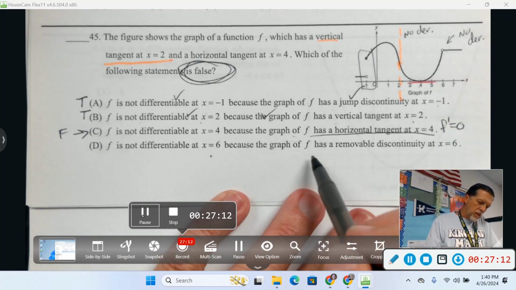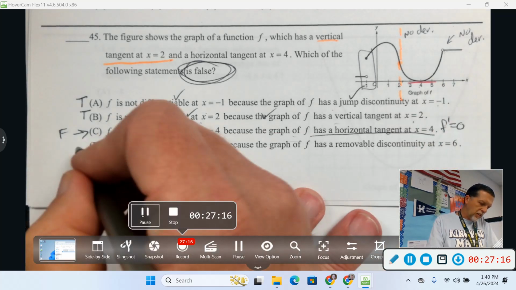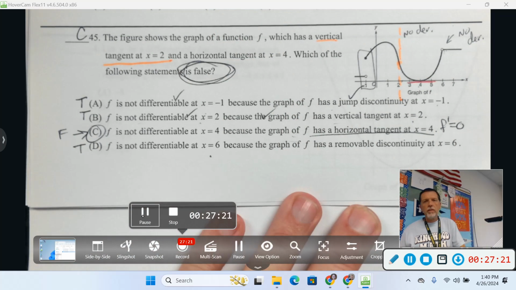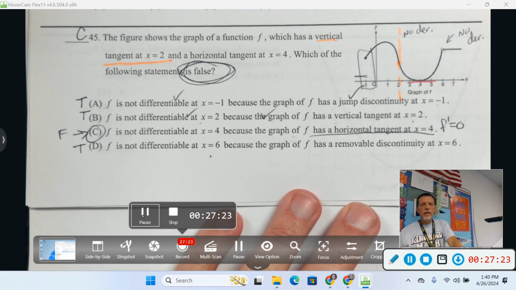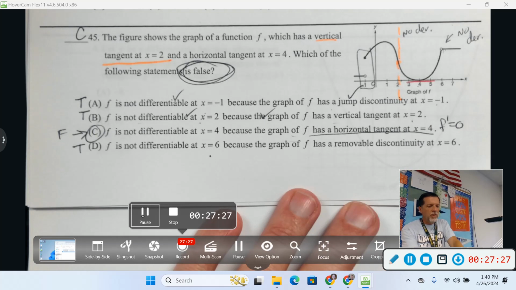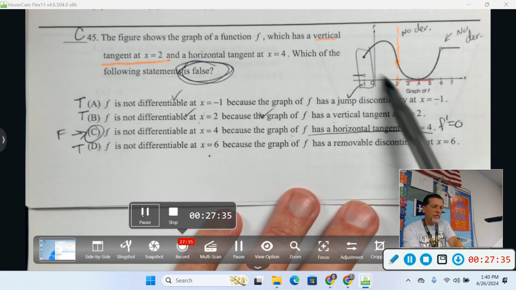That's true, because there's a removable discontinuity. Yes, that is correct. So it was answer choice C. And that provides a nice little review of the fancy words: jump discontinuity, vertical tangent, horizontal tangent, removable discontinuity, and in a nice safe place where you can figure out what they all mean.